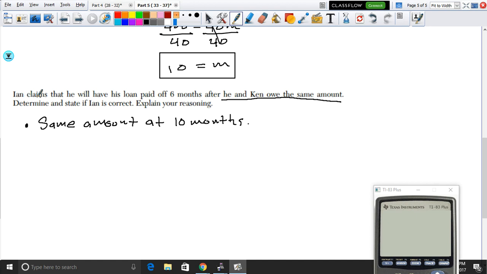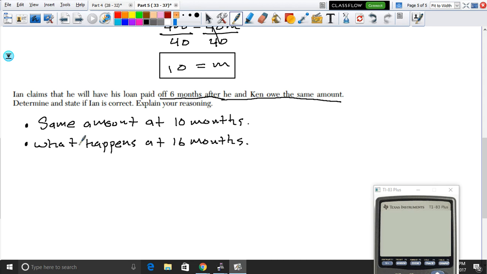So he's saying that he will have his loan paid off 6 months after he and Ken owe the same amount of money. So here we want to see what happens at 16 months, because Ian is saying that he will have his loan paid off 6 months after he and Ken owe the same amount of money. So we know that they owe the same at 10. He wants to see what happens after 6. So that's 16 months in total.